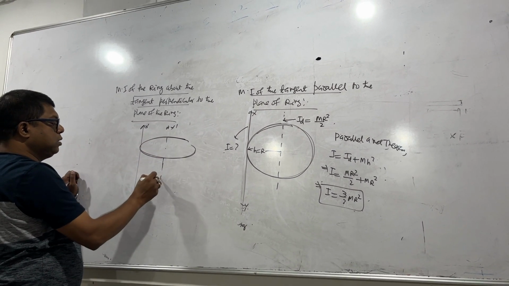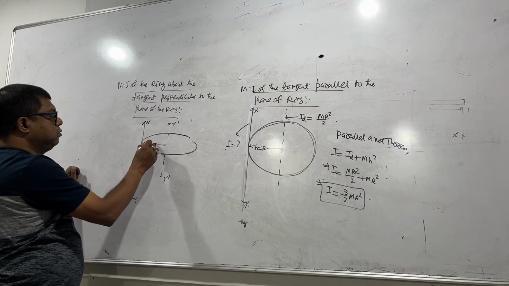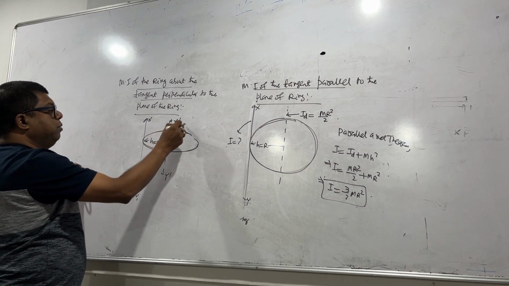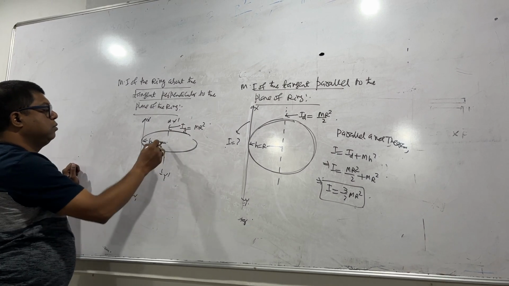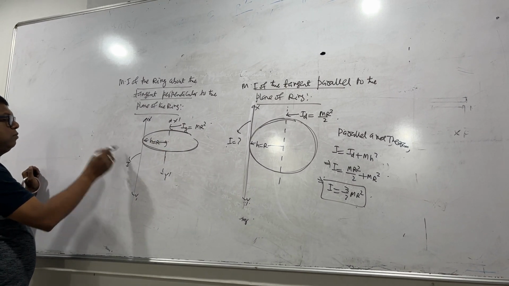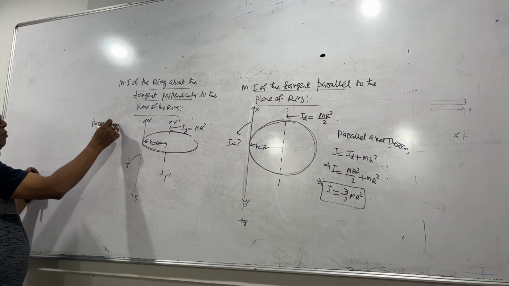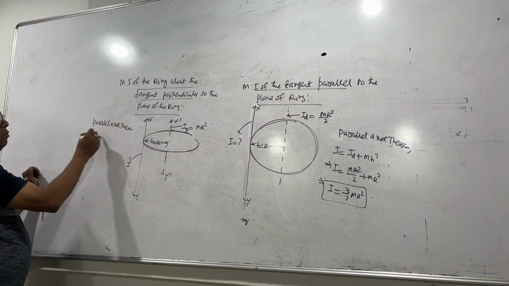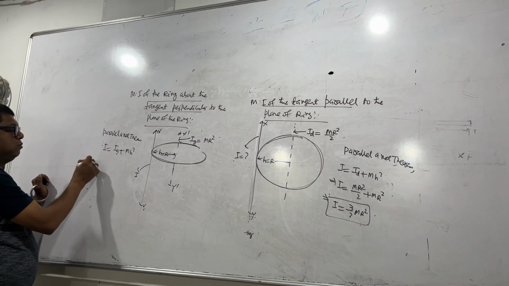H is equal to R, and IC is equal to MR square. So applying the parallel axis theorem, I is equal to IC plus MH square.